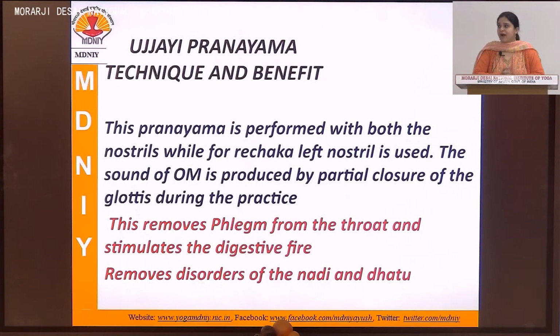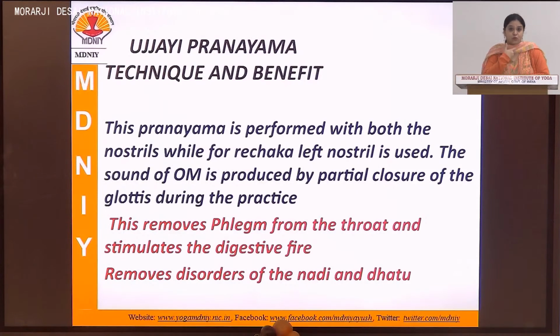Next is Ujjayi pranayam, which should be performed with both nostrils, but the rechaka, the exhalation after that, should be done from the left. One should produce an Om sound in this, and the vibration should be felt from the chest to the throat. There should be partial closure of the glottis in this practice, and this removes phlegm from the throat.